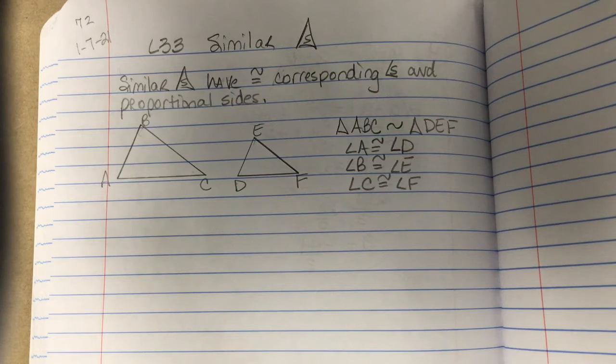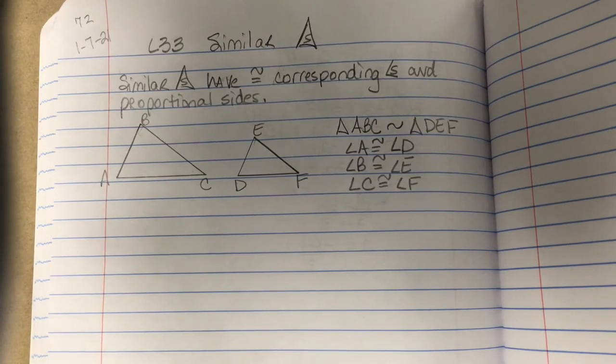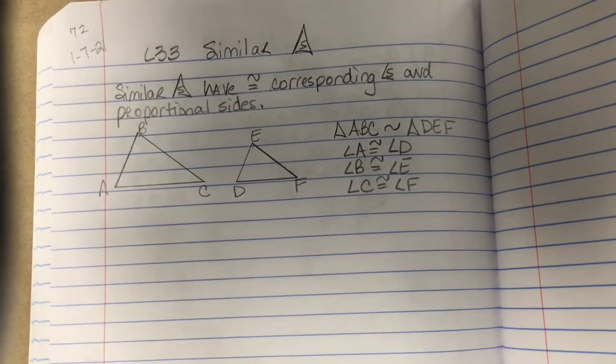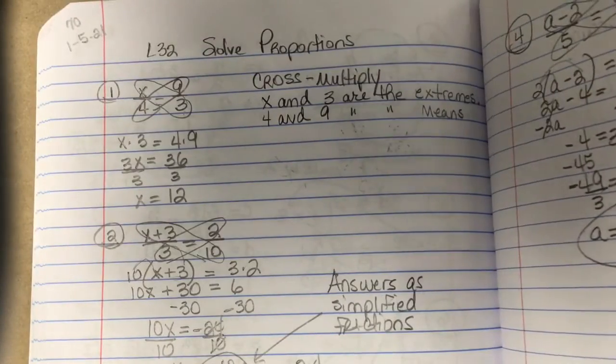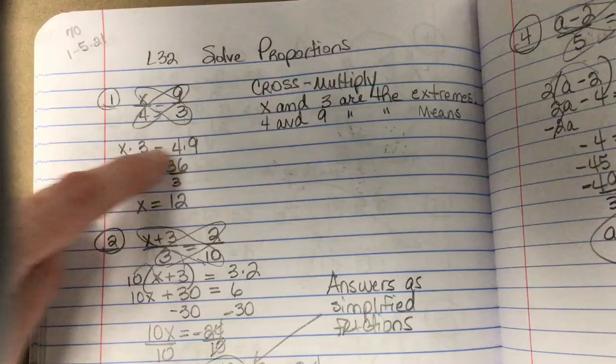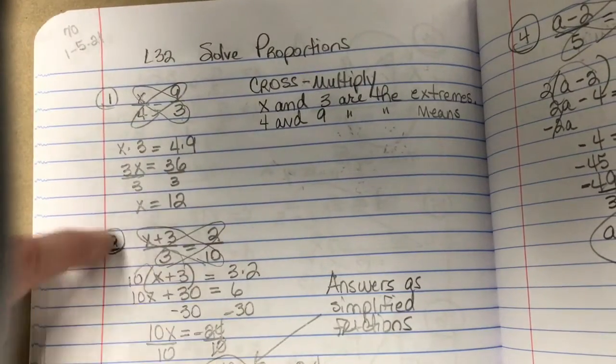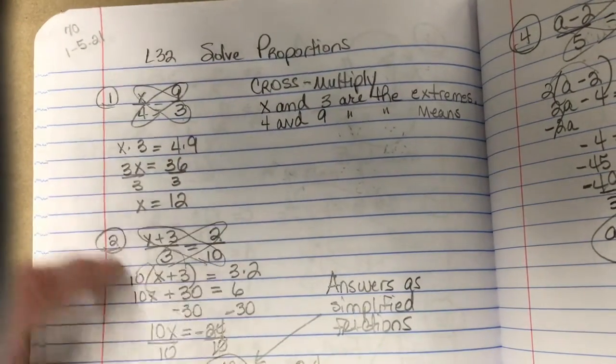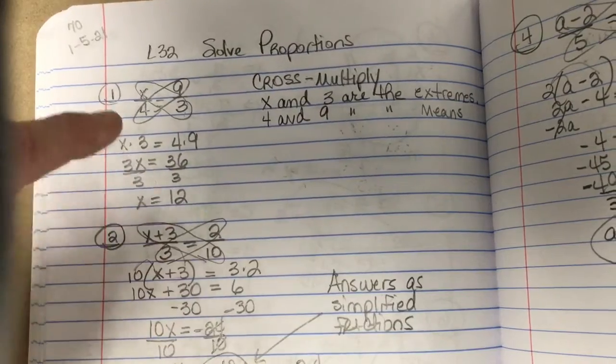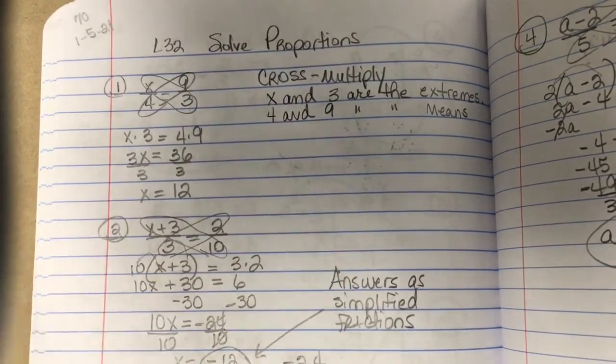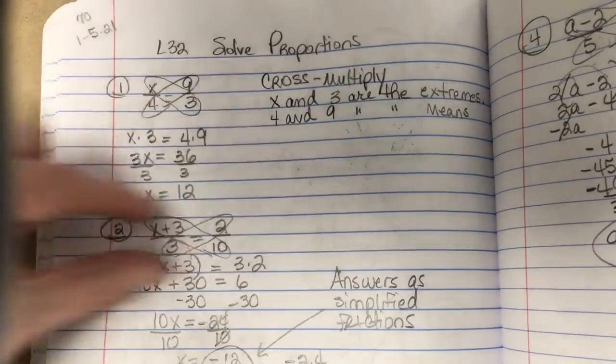Now, the sides are proportional. What does that mean? I'm going to flip back, but I'll come back if you don't have it all copied. Remember how we were given these in your classwork? Well, you're going to have to set this up and then cross multiply. So the only difference today is you're going to have to make this.